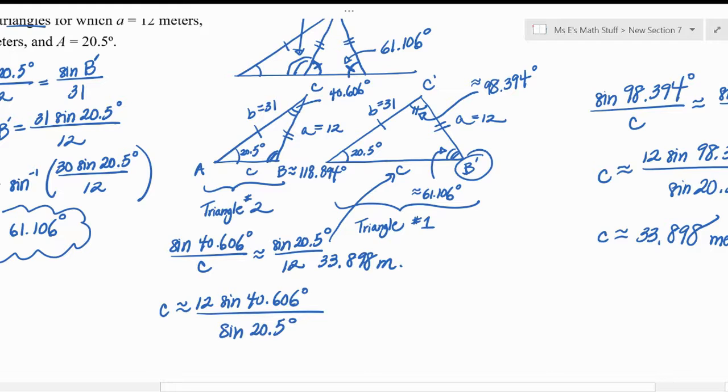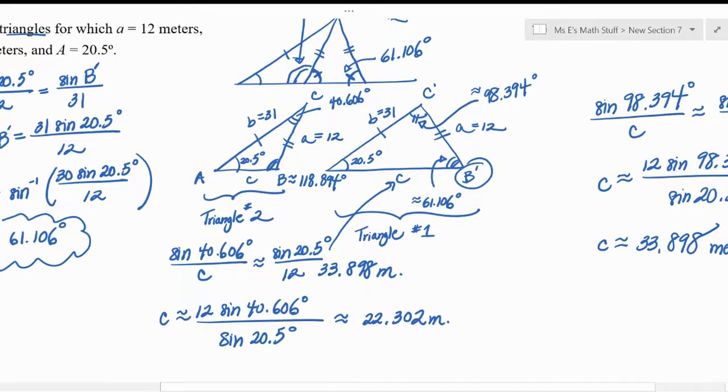Punch it on your calculator. And we end up with approximately 22.302 meters.